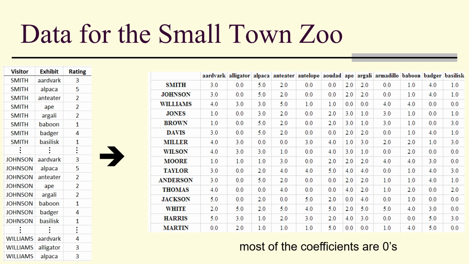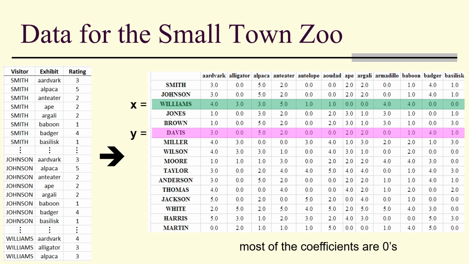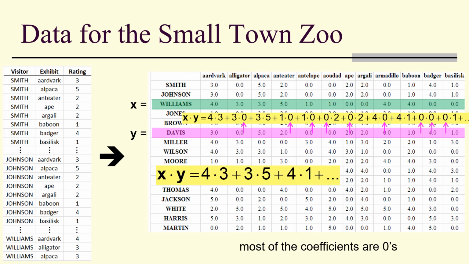Most of the coefficients are zeros, and again, we'll take dot products of individual rows, and all those zeros mean that only where they've both rated the same exhibits will the dot product be defined.